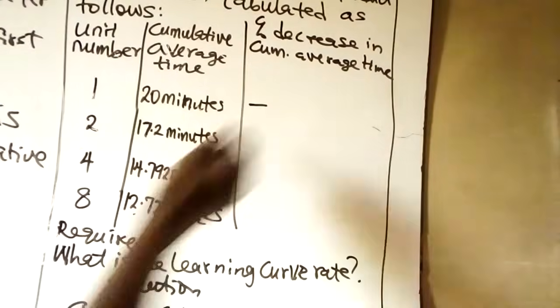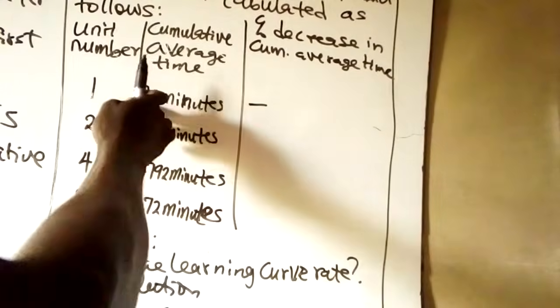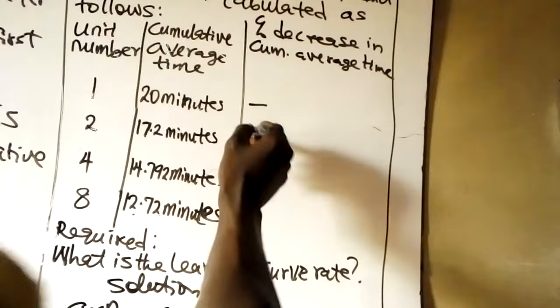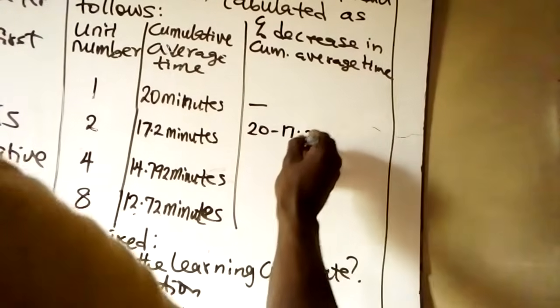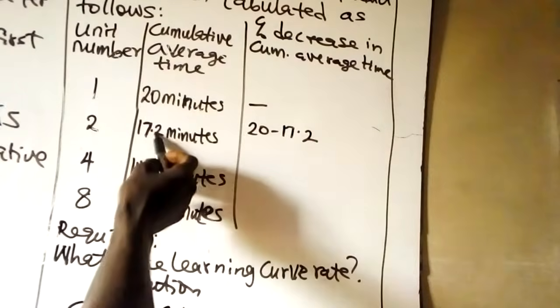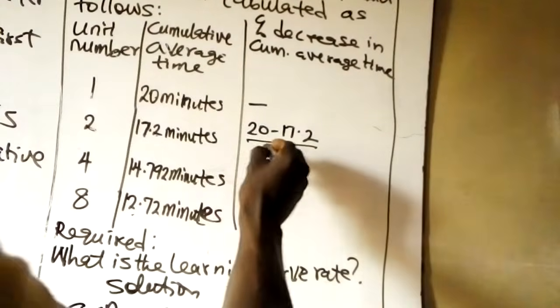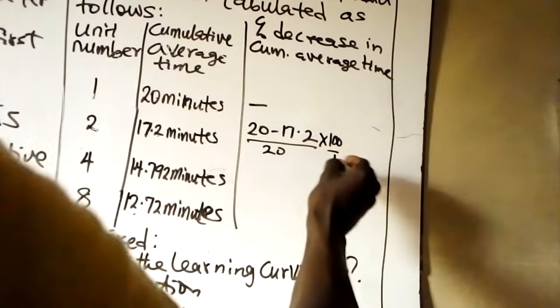This remains 20. This is nil. To find the decrease now, it was 20 before. It has now reduced to 17.2. So that means you have 20 minus 17.2, this minus this, over 20, the first one, then multiply by 100 over 1.